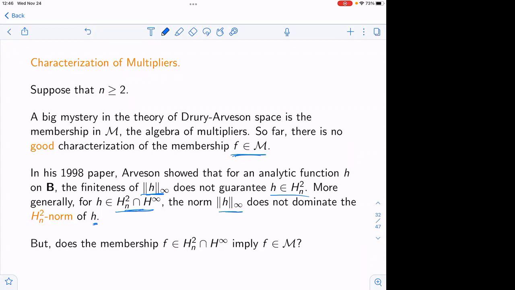Now, if you ask a more refined question, say, suppose I have an F which is in the intersection of the two, does that mean that F is in the multiplier algebra? Even that kind of answer was not known at the time.